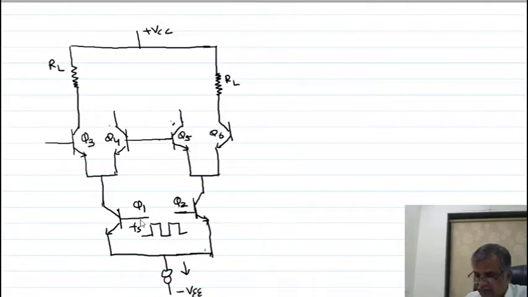The input signal is given to the base of transistor Q1 with respect to Q2 of the differential pairs Q3, Q4 and Q5, Q6.